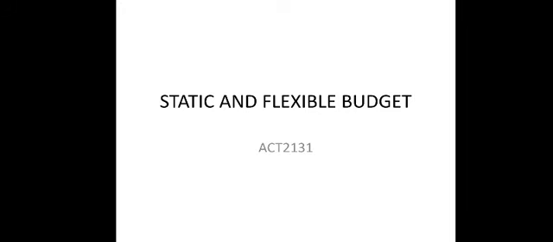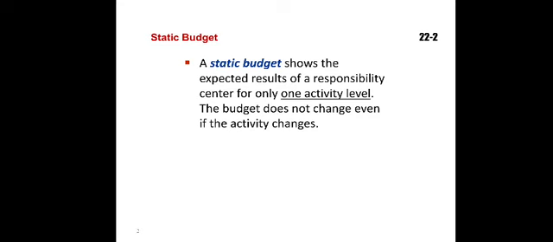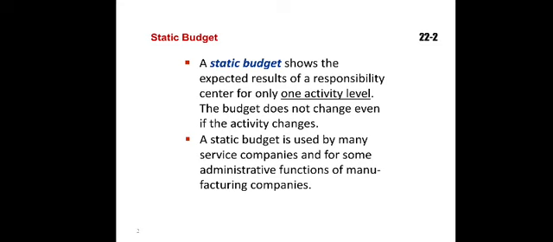Okay, let's see. What is a static budget? Static means something that does not move, something that is fixed. A static budget shows the expected results of a responsibility center or department for only one activity level.